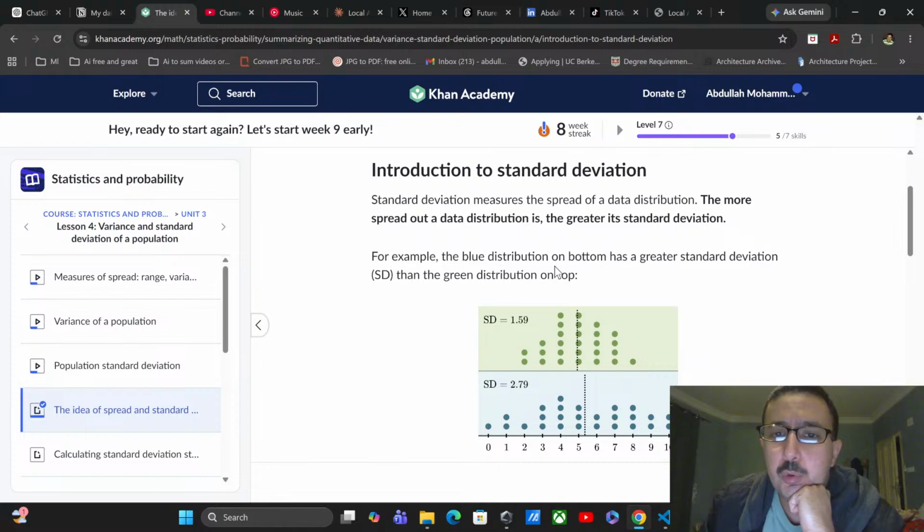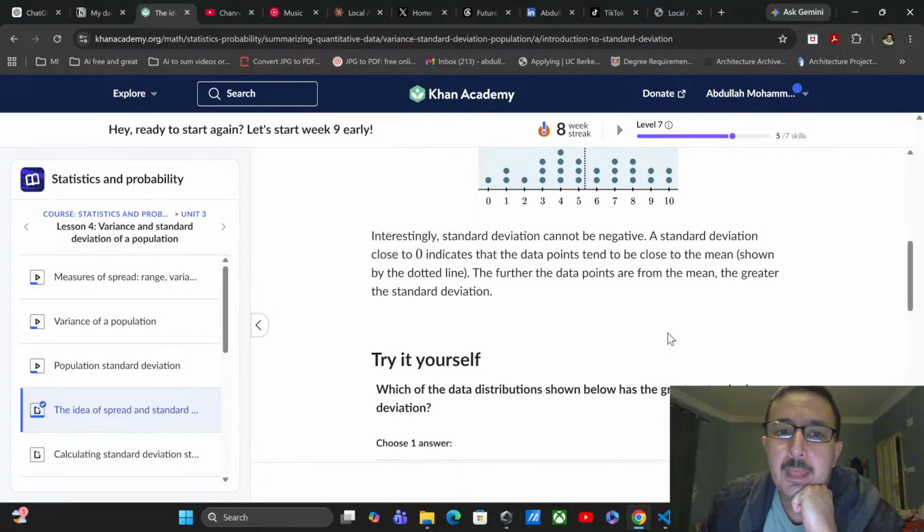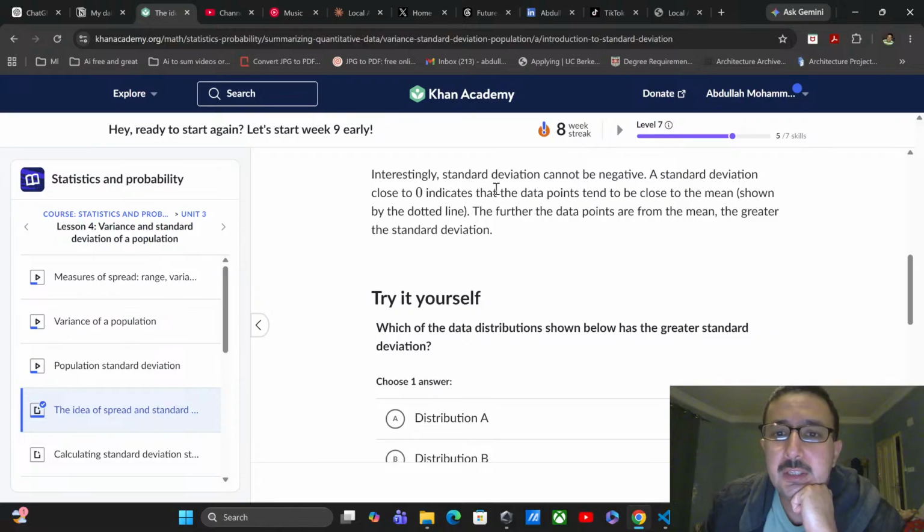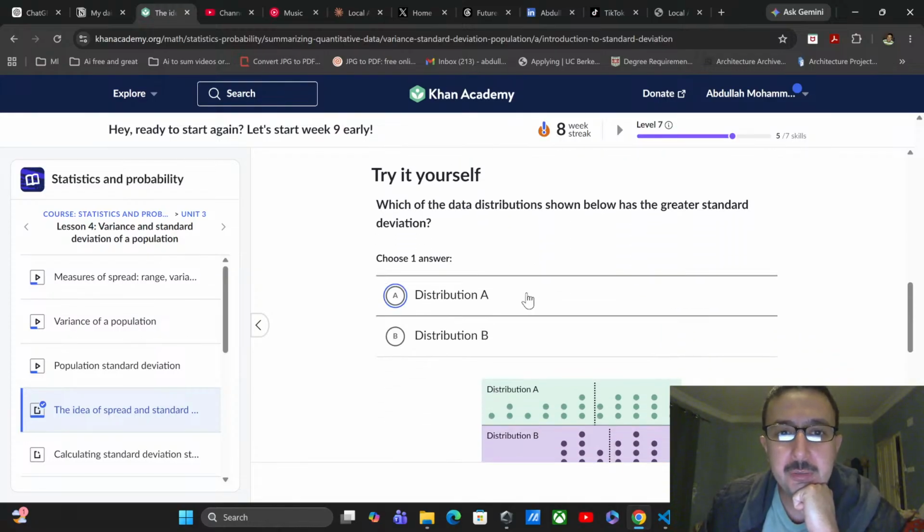For example, the blue distribution on bottom has a greater standard deviation than the green distribution on top. Okay, interestingly, standard deviation cannot be negative. A standard deviation close to zero indicates that the data points tend to be close to the mean, shown by a dotted line. The further the data are from the mean, the greater the standard deviation.